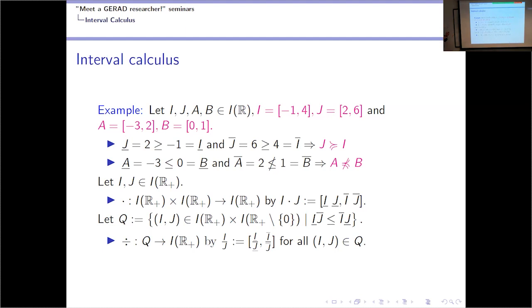But for example, in this case, you cannot say... -3 is less than 0, okay, but 2 is not less than 1. So you cannot say A is weakly less than B. I just wanted to put this as an example to show you. And this is how you can multiply two intervals, and this is the division operator, how you can divide two intervals.